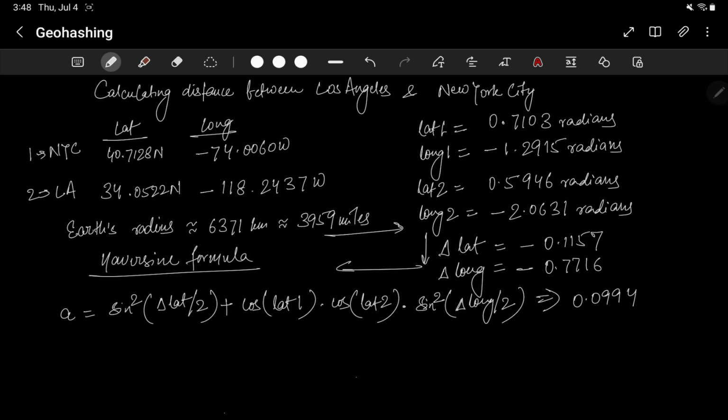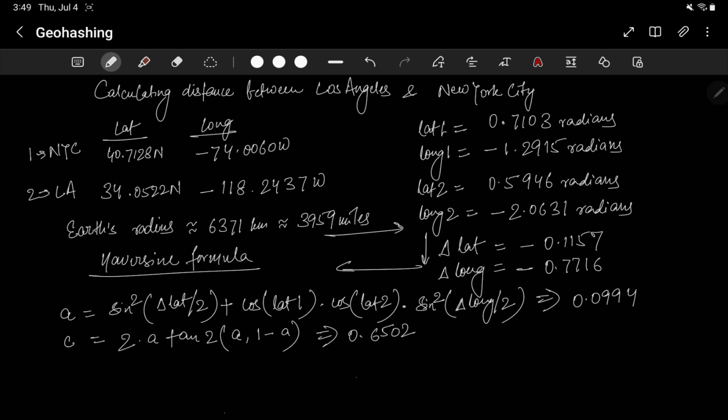Okay, and if we put the values of everything, we will find that A becomes 0.0994. Okay, now there is another variable called C, which we will calculate using the formula 2 times atan2 of A comma 1 minus A. Okay, and putting the values of everything here, we will find that C is 0.6502.